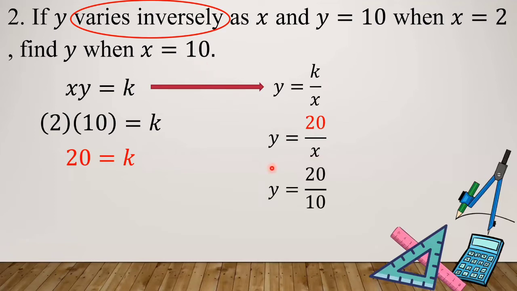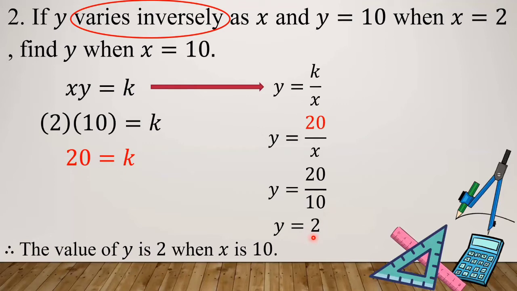It becomes y is equal to 20 over 10. 20 divided by 10 is equal to 2. So the value of y is equal to 2. Therefore, the value of y is 2 when x is equal to 10.